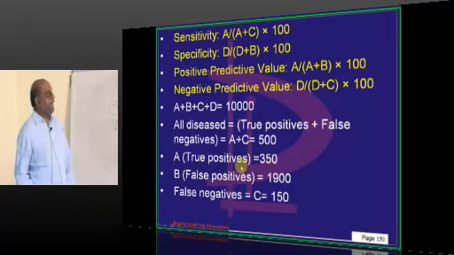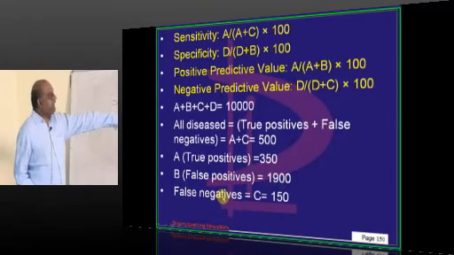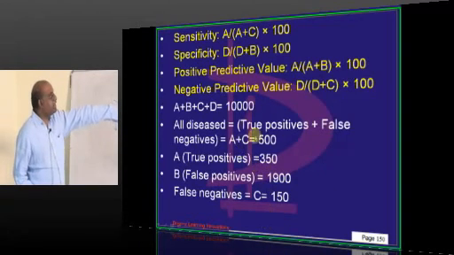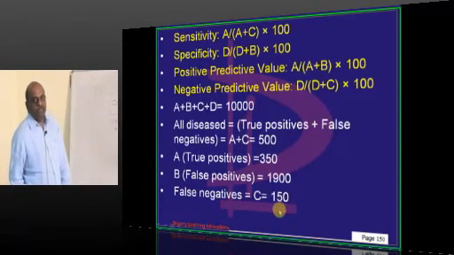So A का value 350 है. Right? Then what else did he give? False positives were given, that is 1900. And already what is false negatives? 500 minus 350 will give you 150, because A plus C was 500, A is 350, C should be 150.